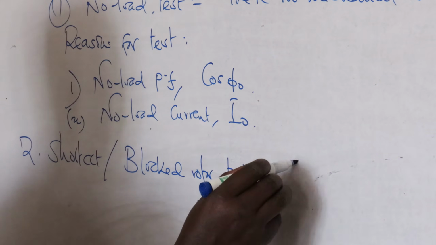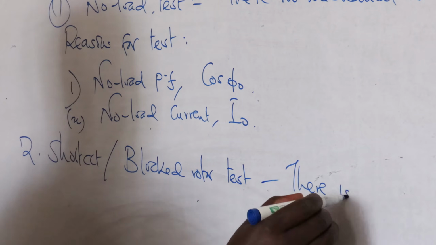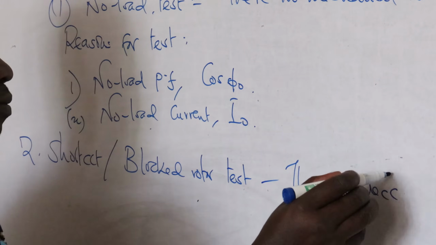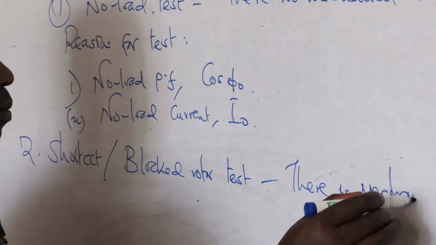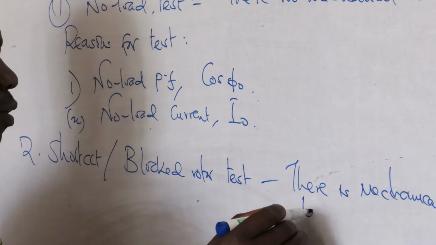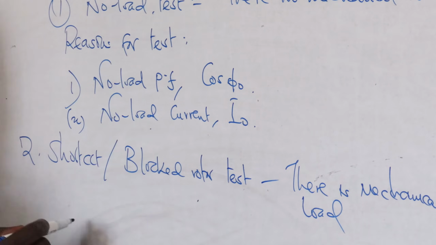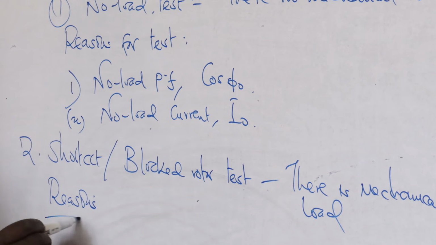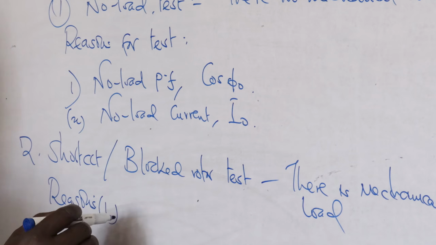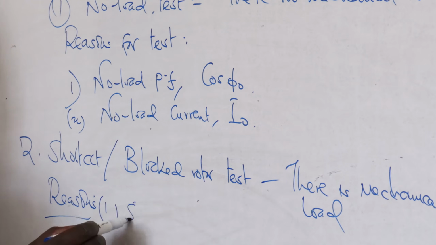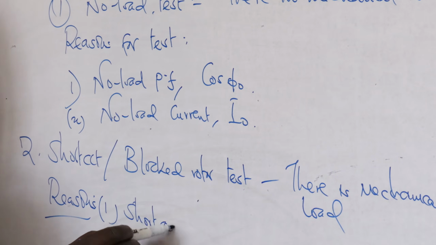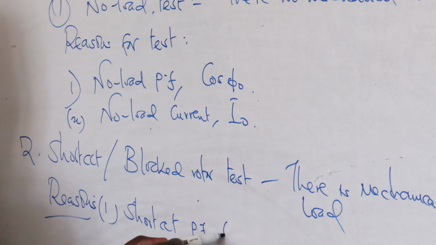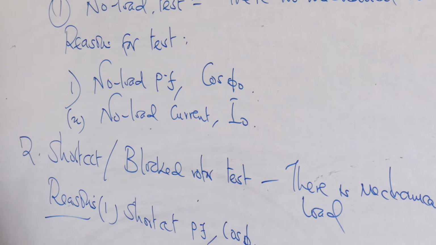This is done when there is mechanical load. The reason why we do this: one, we obtain the short circuit power factor cos phi s. I'm repeating this because we are with you there.